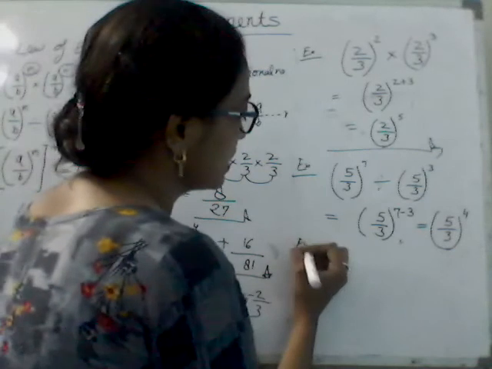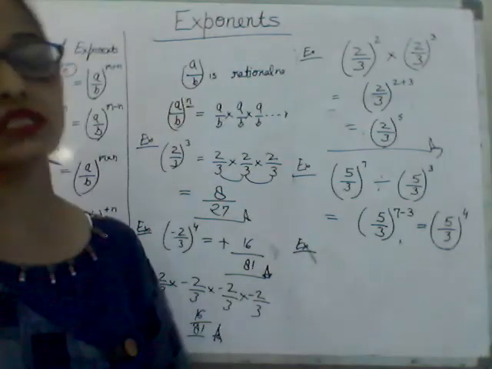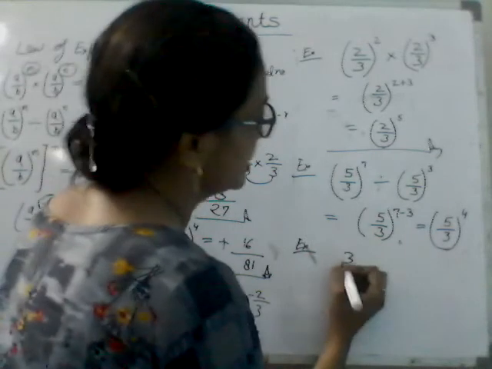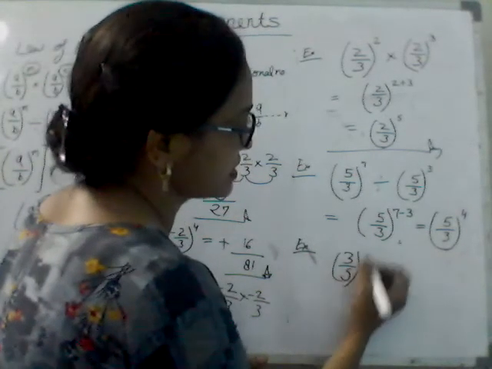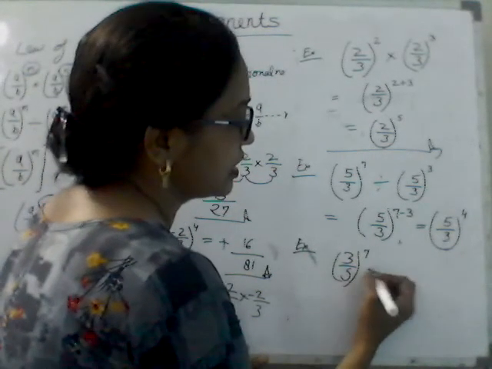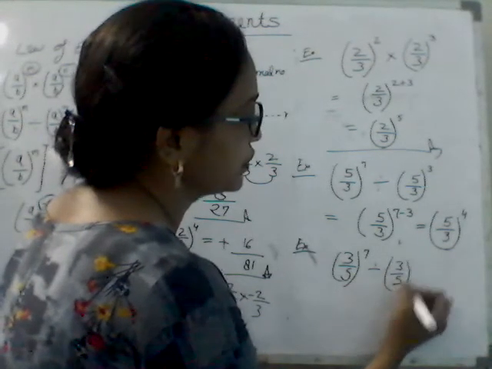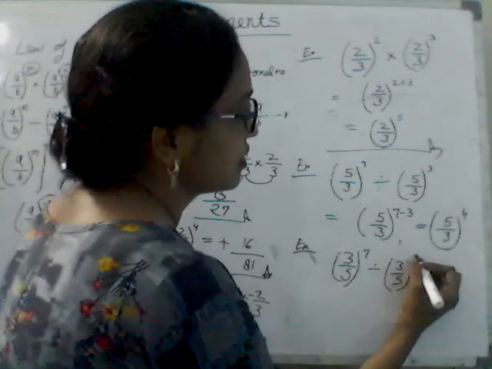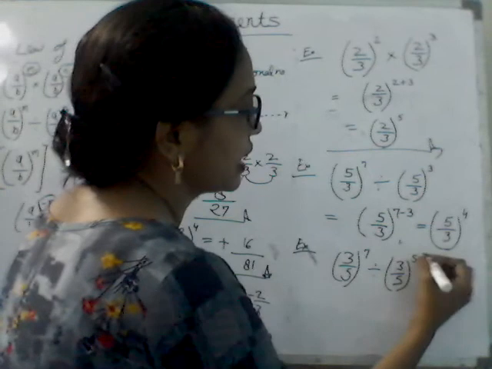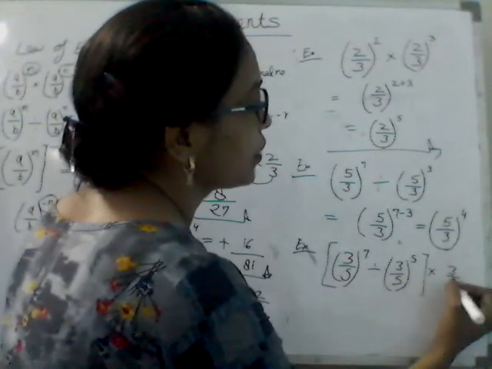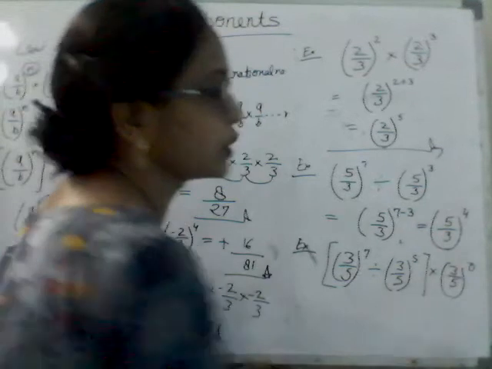Again, next example: suppose we have [(3/5) to the power 7 divided by (3/5) to the power 5] multiplied by (3/5) to the power 0.